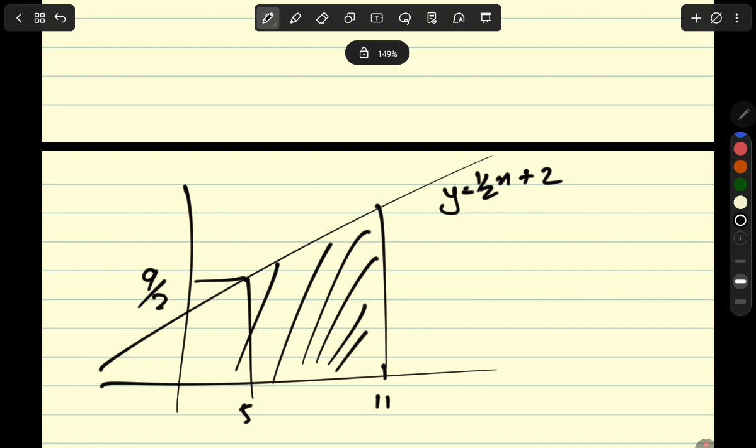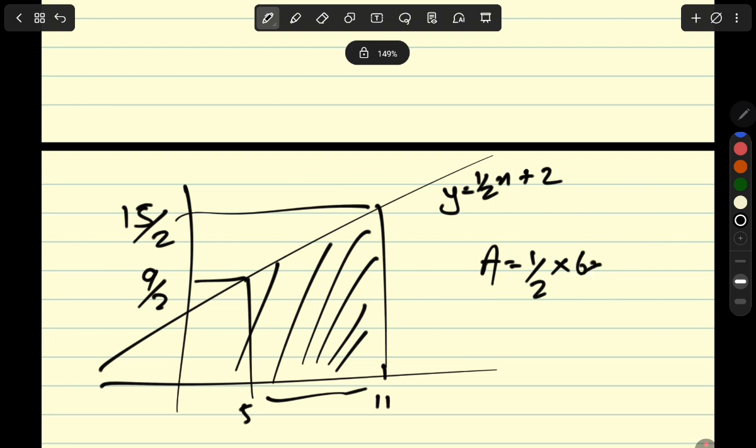And at 11, 11 upon 2 plus 2 is 15 upon 2, right? The trapezium rule says half into height, into the sum of parallel sides. 15 upon 2 plus 9 upon 2 is 12. So 3 times 12 is 36. So 36 square units, right?